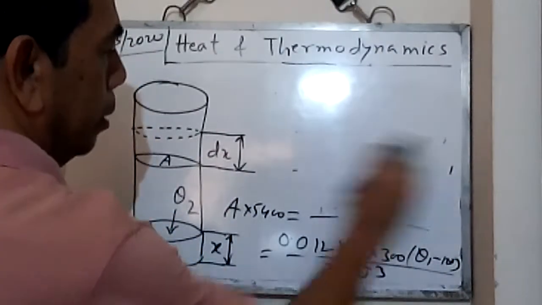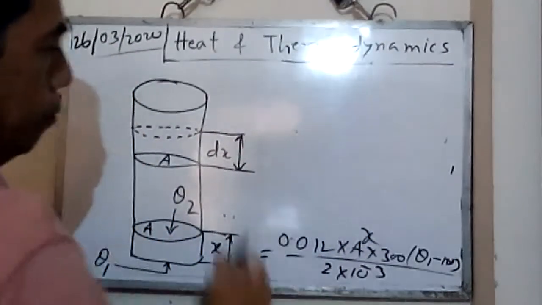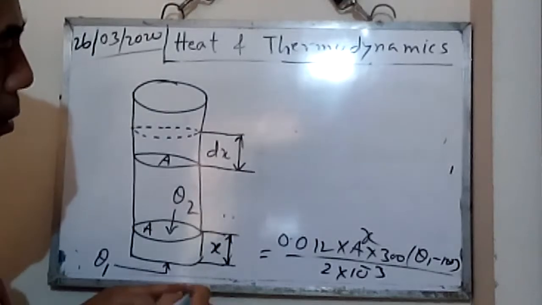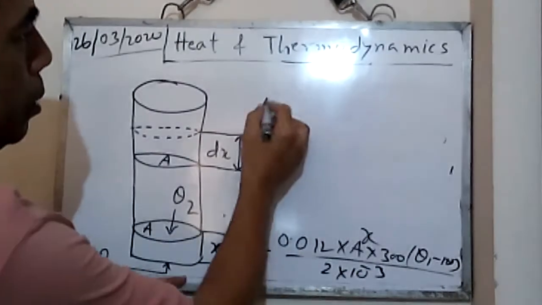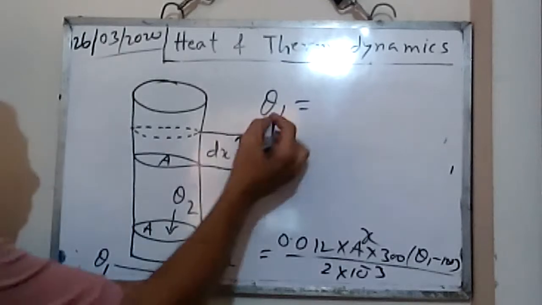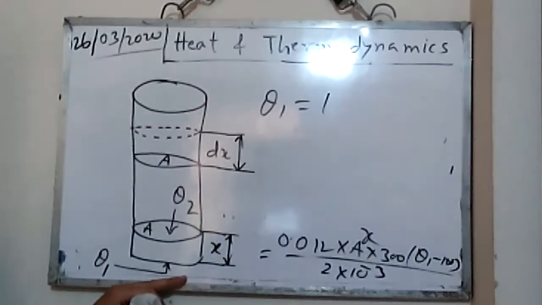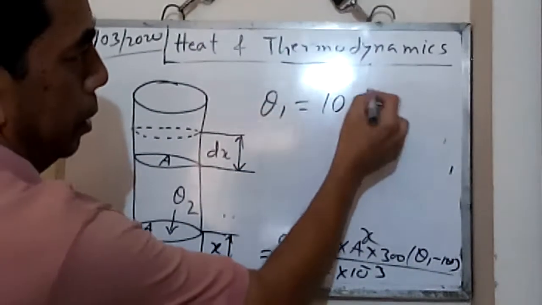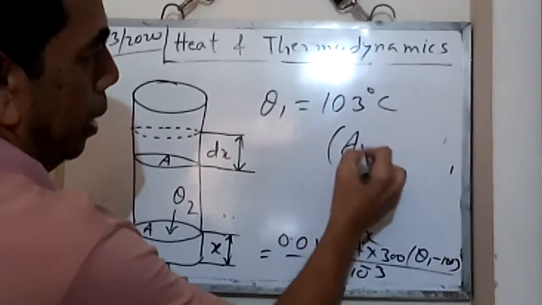Now just simplifying this equation, you can get theta 1 equal to 103 degrees Celsius. This is the answer.